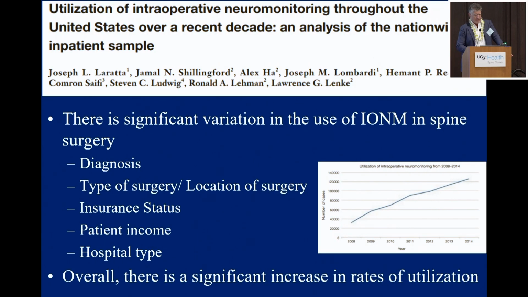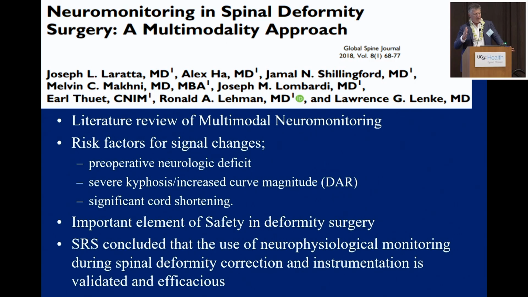And this is a nice paper that Larry Lenke wrote about nerve monitoring, suggesting that there's a lot of variation, again, in the use of nerve monitoring, whether we're at the cord level, the root level. But a lot of this also has to do with the hospital, insurance status, and some social determinants of health. Overall, there's been a significant increase in use of nerve monitoring over the past 20 years, and we recognize some of the major risk factors for changes.